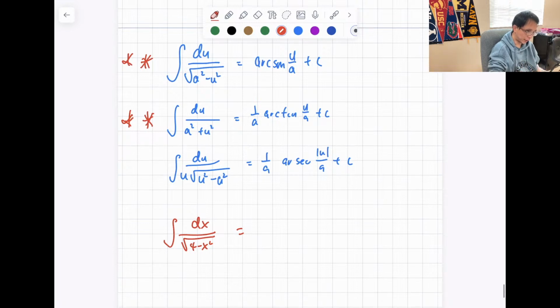So what would be the integral of this one? Arcsine of what? x over 2 plus c.